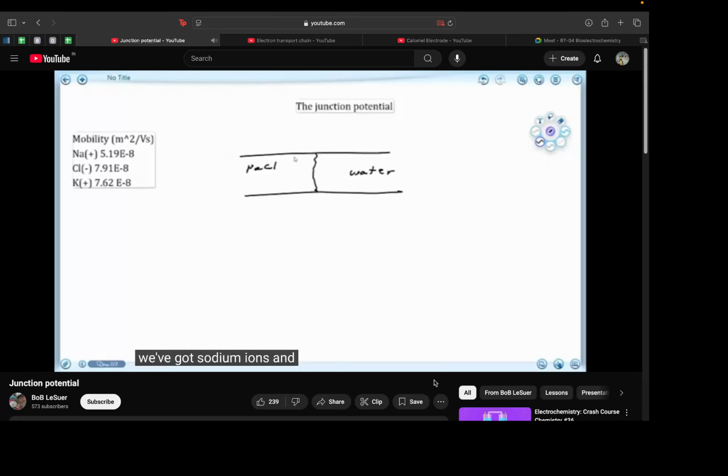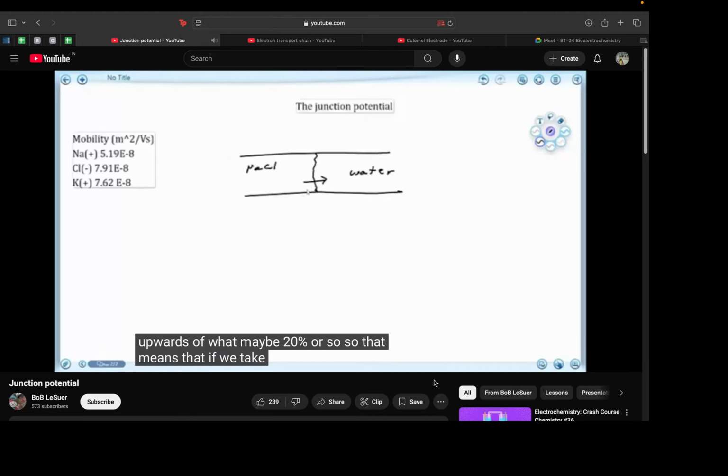We've got sodium ions and chloride ions that are going to diffuse from the high concentration over to the lower concentration. If we take a look at what I've written on the left-hand side here, it's the mobility of some ions. The mobility is in units of meters squared per volt second. The units are not important at this point, just the values. Looking at sodium versus chlorine, the chloride ion is more mobile than the sodium ion by upwards of maybe 20% or so.